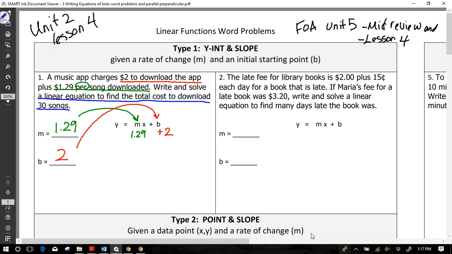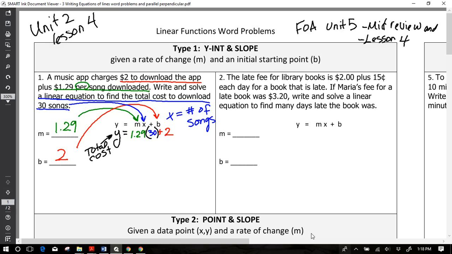So we need to think about which variable would represent the songs that I would purchase. That is going to be the x variable. x equals the number of songs that you download, so 30. And now I have an equation that I'm ready to solve. y is going to represent the total cost.